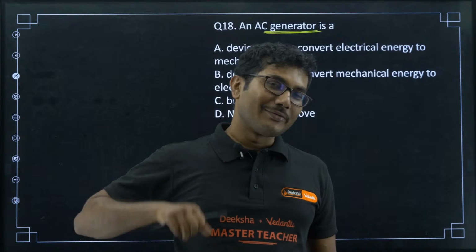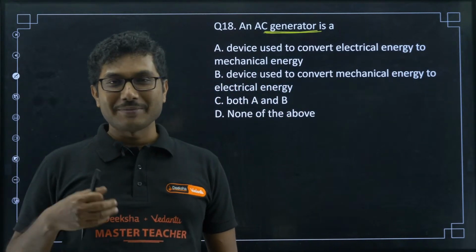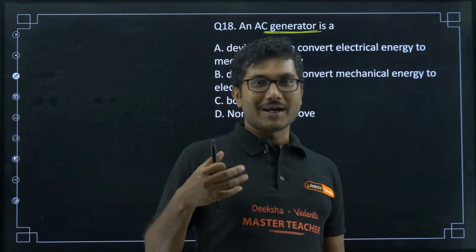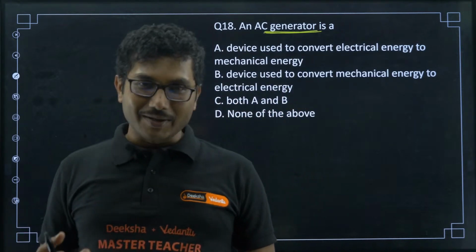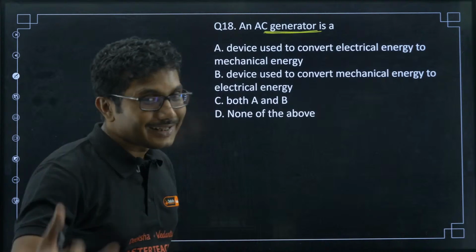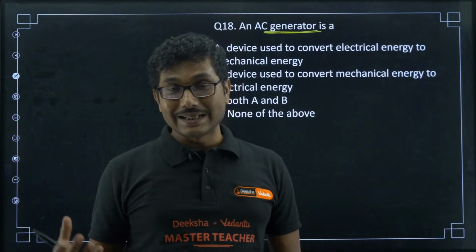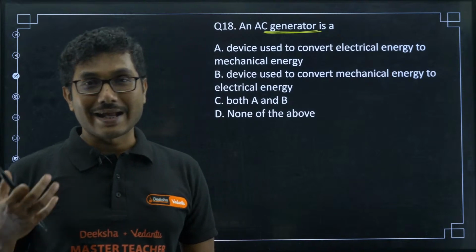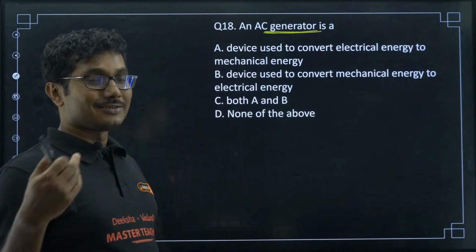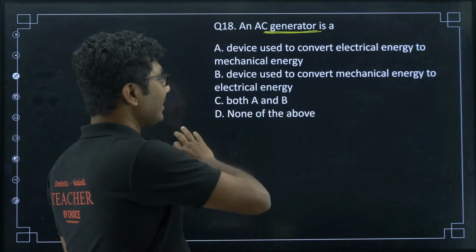Someone will come with the device, they will rotate it, and after some time it will start making some sound. Whenever there is a power cut, that device is used. That is the generator. That is the AC generator actually. Nowadays modern generators use diesel in a more efficient way than that handheld generator. It does not require manual operation. It comes with completely automatic operation, right?